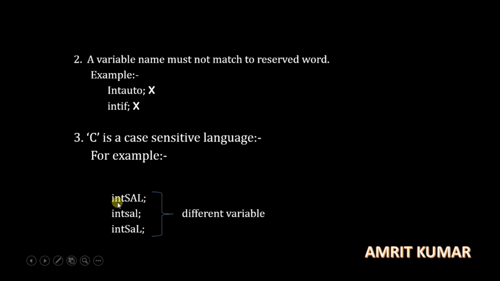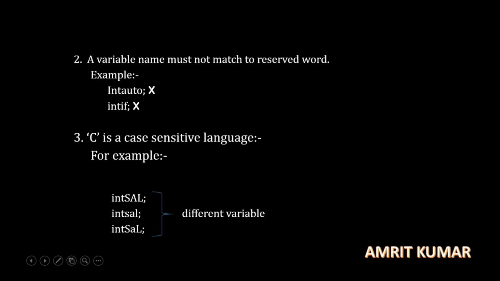Here i is small, n is small, t is small, s is capital, a is capital, l is capital. And in this other one, i is small, n is small, t is small, s is capital, a is small, and l is small. So because C is case sensitive, these are all different variables.